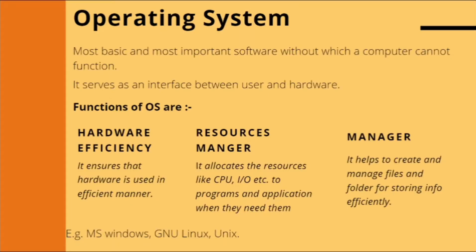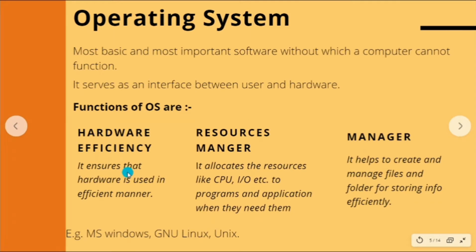So let us start with what is an operating system. Operating system is basically the most basic and most important software without which the computer cannot function. It serves as an interface between the user and the hardware. The functions of the operating system are basically three: hardware efficiency, resource manager and file manager.